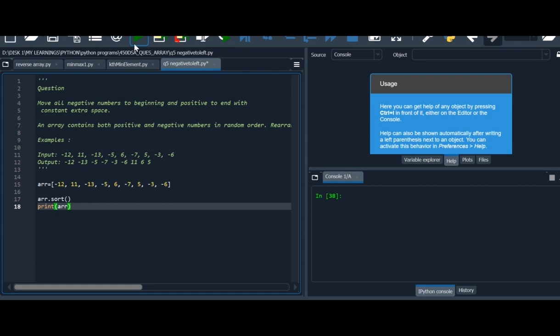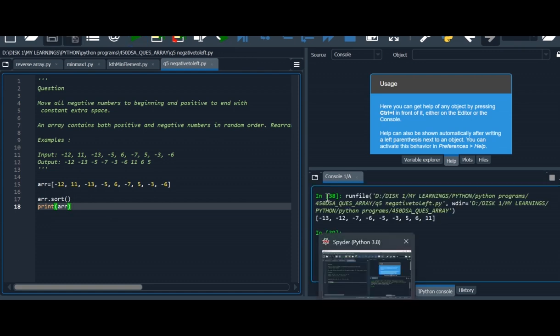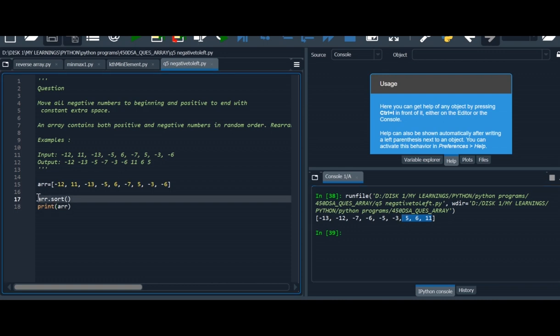Let's run. See, all the negative elements are pushed to the left side and the positive ones are at the end. But we will not be proceeding using this way.